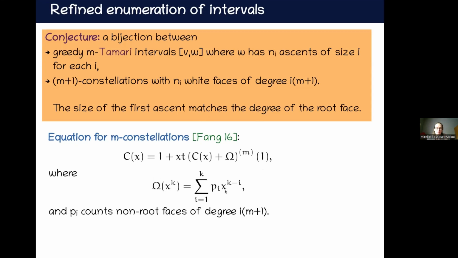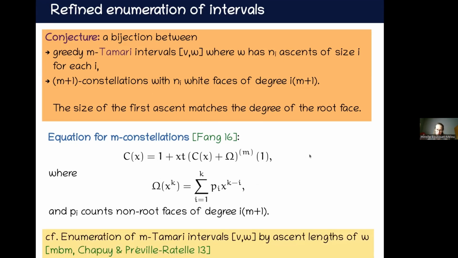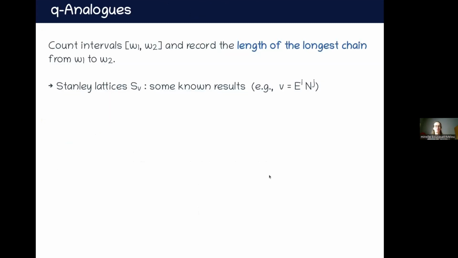This is somehow the counterpart of the discrete difference operator. So what we need to do now is to understand this functional equation on greedy intervals. But at the moment, we don't know how to do that. This is reminiscent of something that we did on usual Tamari intervals with Guillaume Chapuis and Louis-François.